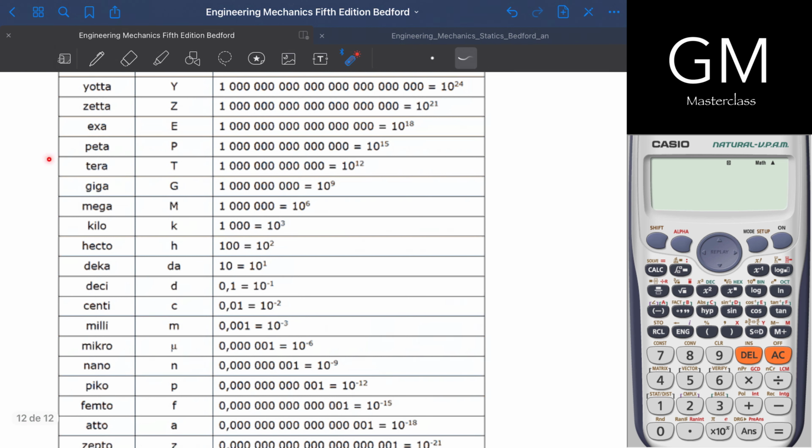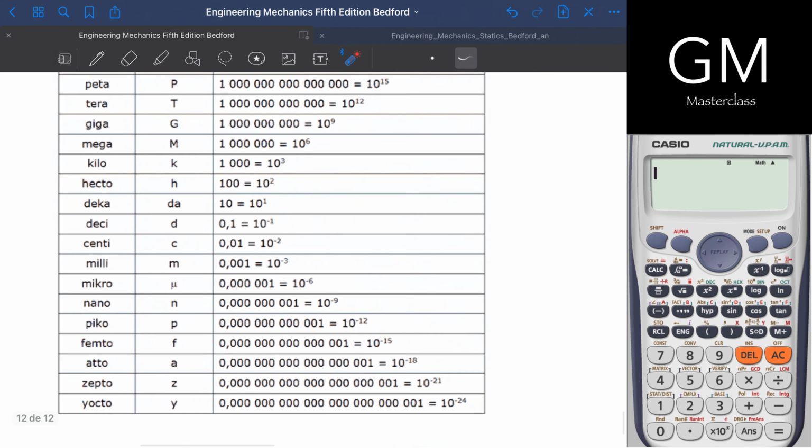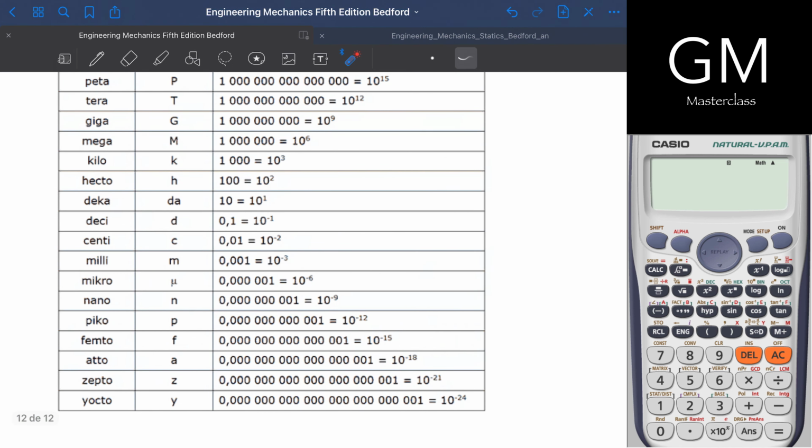I actually have memorized until this one. And on the below part of the line it is going to be the same thing, but with a minus. So -1, -2, -3, and starting from that point, -6, -9, -12, -15, -18, -21, -24.